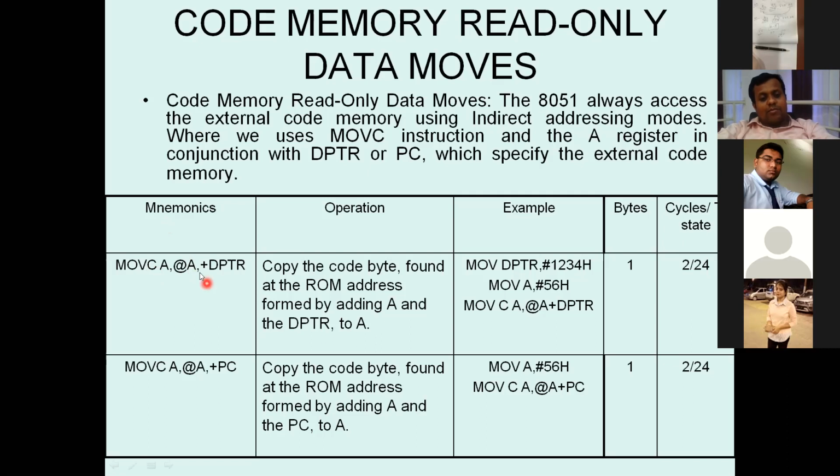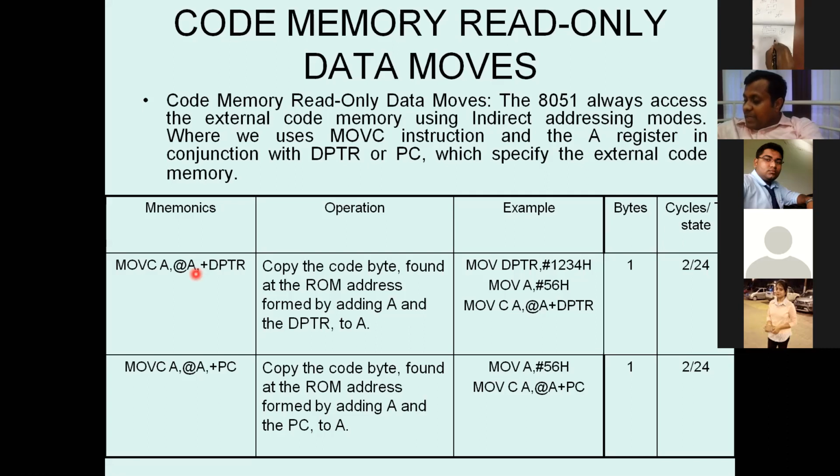So what is the function of MOVC A comma @A plus DPTR? The content of DPTR and content of accumulator will be added together. Say DPTR content is 1000H, and accumulator content is 30H. Adding these two, 1030.